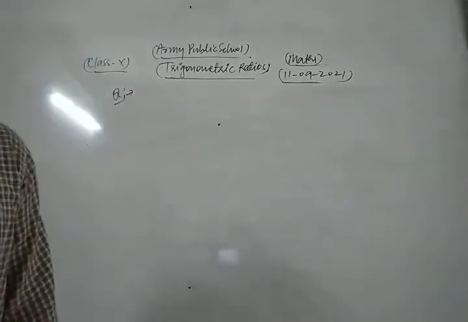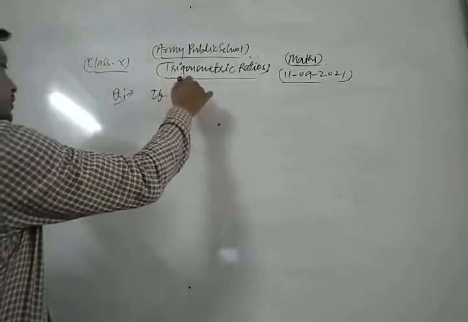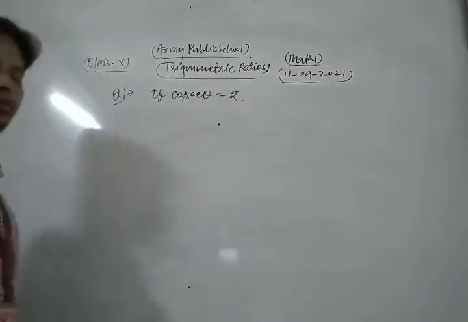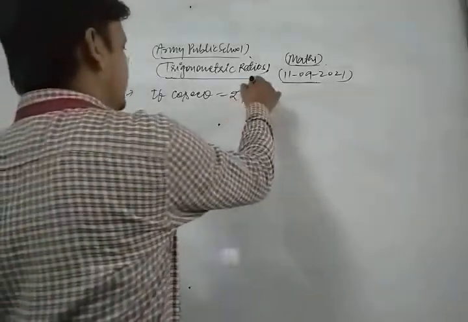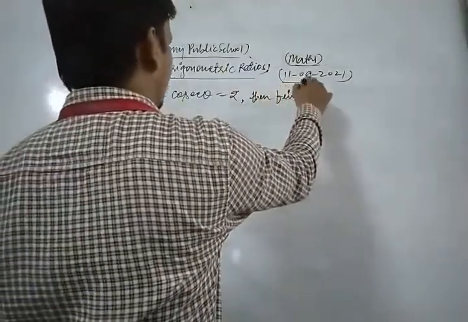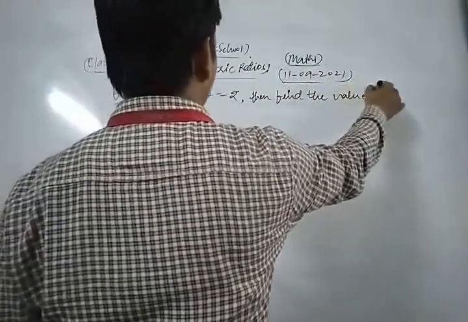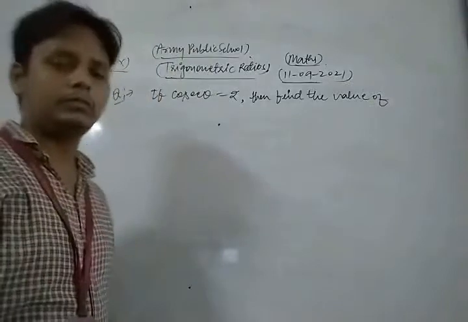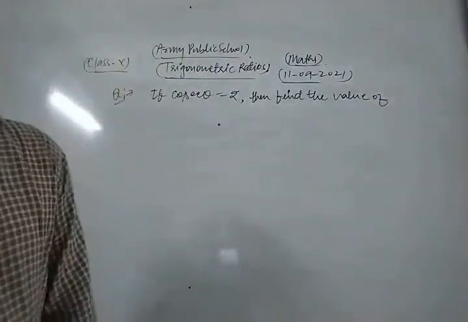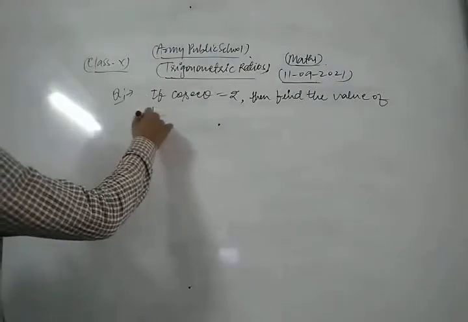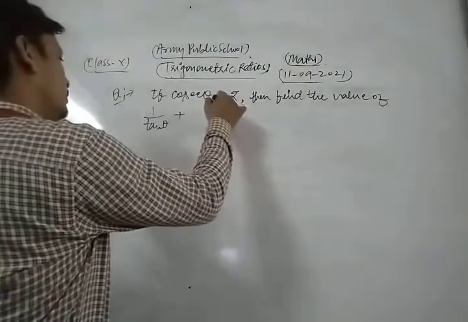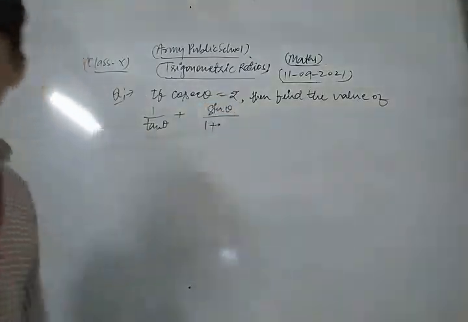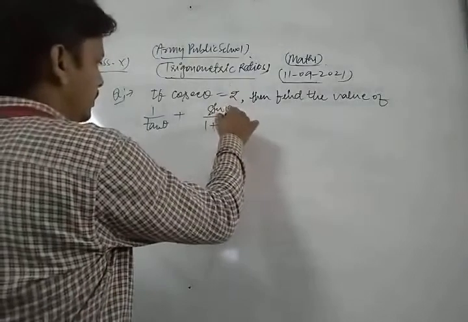And the question is, if cosec theta is equal to 2, then find the value of 1 upon tan theta plus sin theta upon 1 plus cos theta.